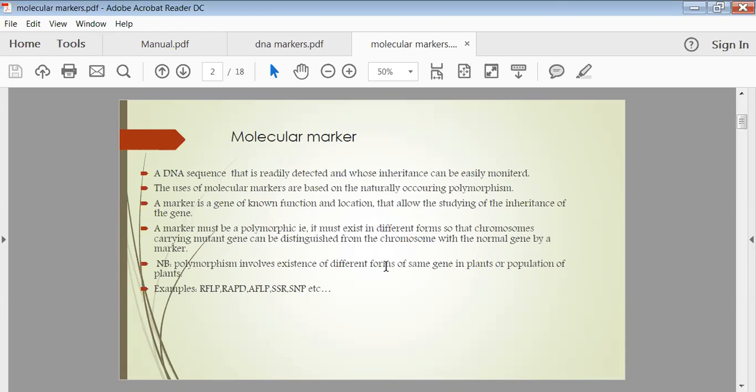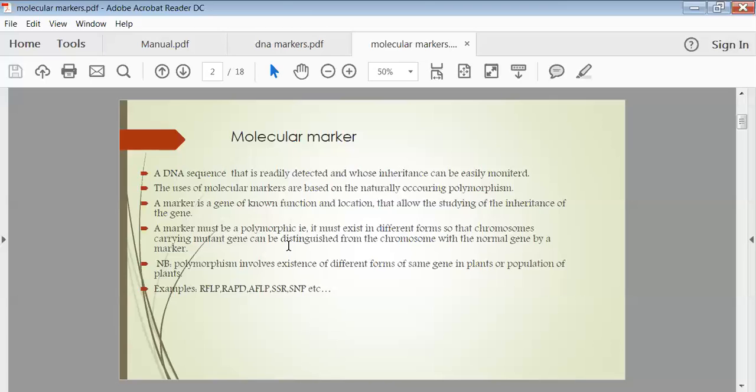The marker must be polymorphic, that is, it must exist in different forms so that chromosomes carrying a mutant gene can be distinguished from the chromosome which carries the normal gene by a marker. Polymorphic means having the ability to detect different types of genome. In the whole genome there are different nucleotide sequences, so if the marker is able to detect them, it is a very polymorphic marker.